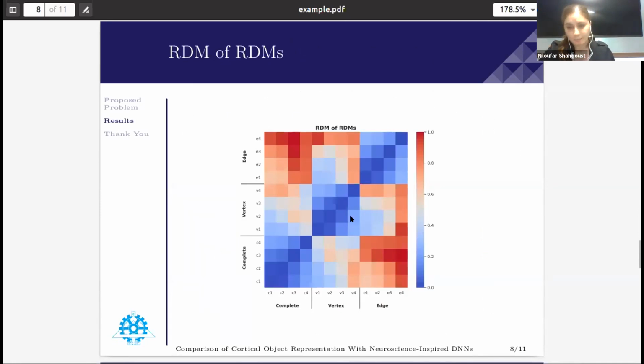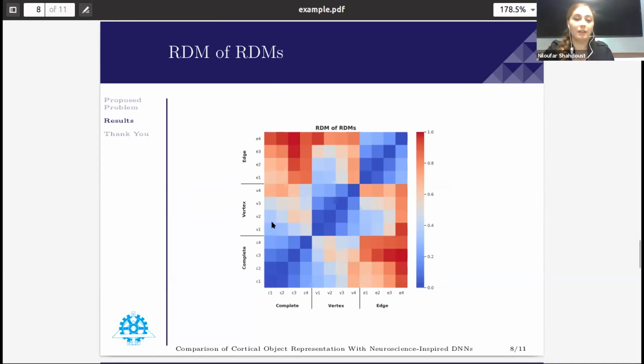And the bluer a cell is, the more similarity it shows between different layers of the network. If you take a look here, we will see that the difference between the two results is due to the difference between the representations of images.